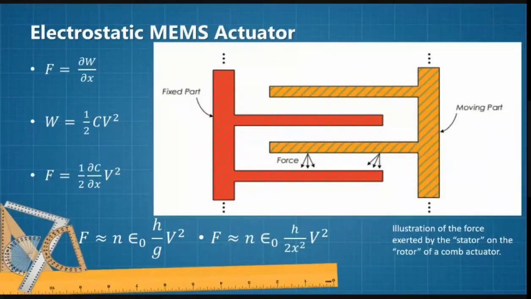So this is the electrostatic MEMS actuator explanation. The electrostatic actuator uses the electric field to create a force between two conductive parts, a fixed and a moving one. So this is the moving part.